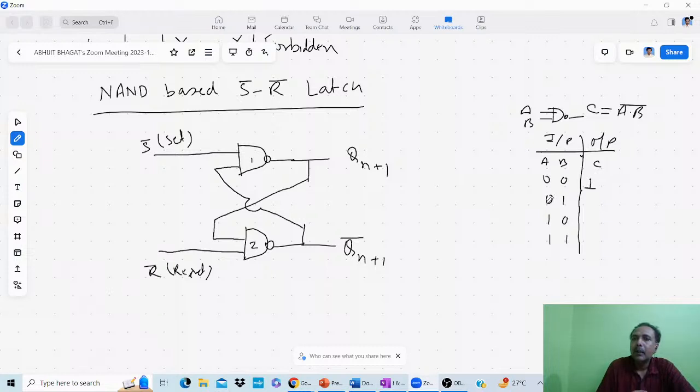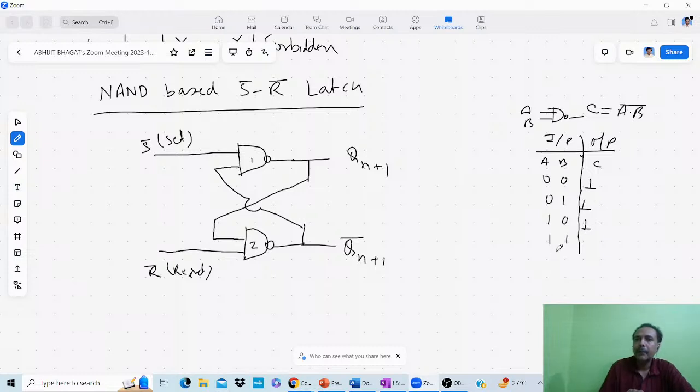Next, when the input is 0 1, 0 into 1 is 0, and 0 bar is 1. Again it is 1. Then 1 0, 1 into 0 is 0, then 0 bar, again it is 1.